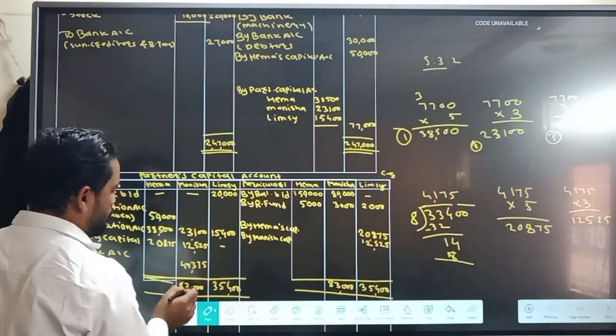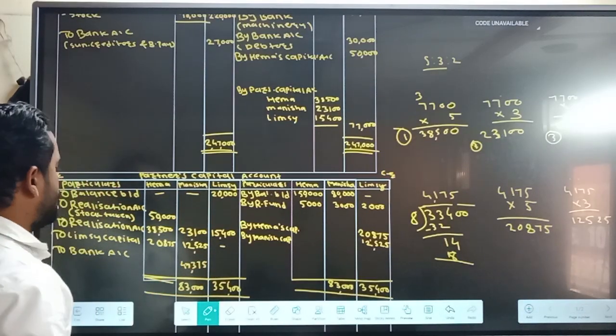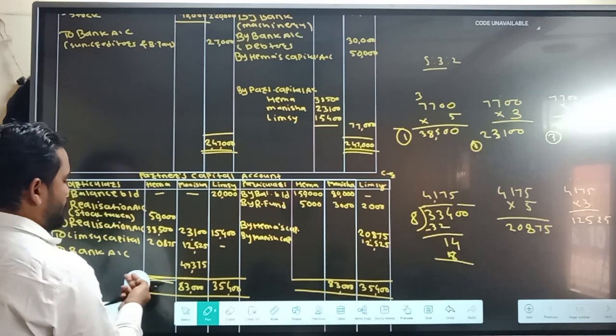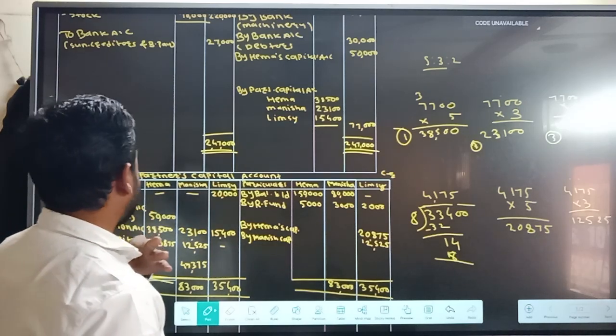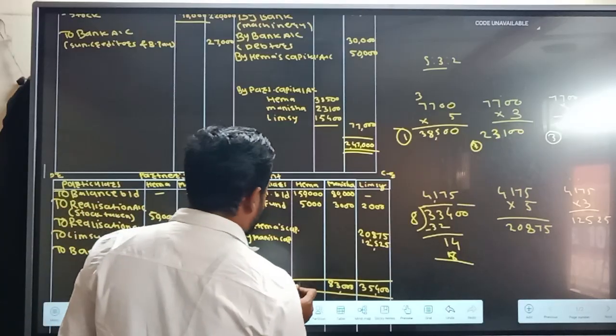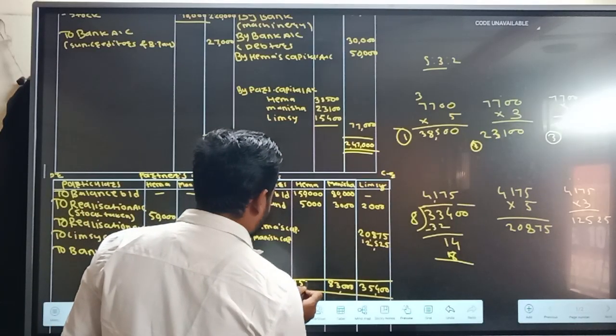47,375. Is it correct? Okay. The difference between Hema's and the debit side: credit side will be more, 1,55,000.